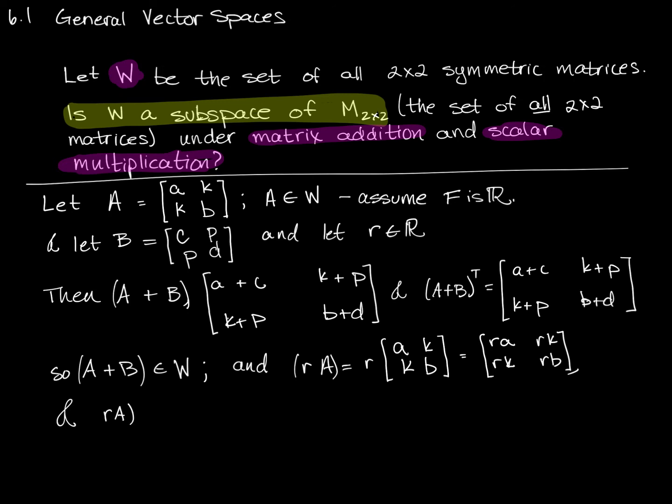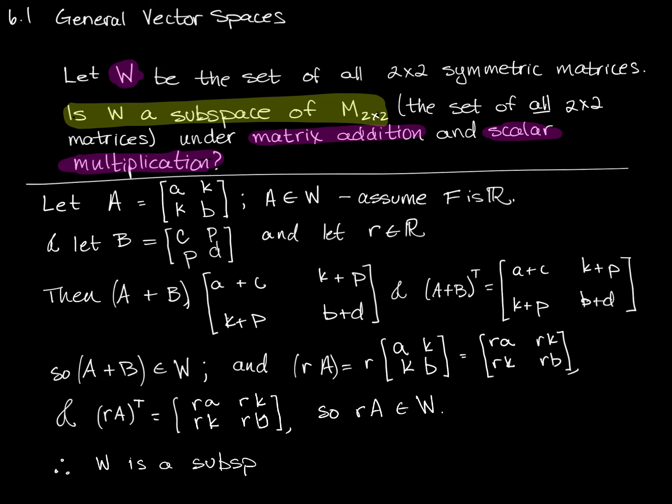And rA transpose is also, this row becomes this column, rA, rK, and then rK, rB. So rA is also in W. Therefore, another shorthand, therefore W is a subspace of M 2 by 2, or M(2,2).